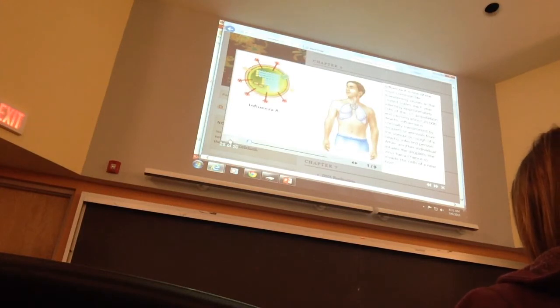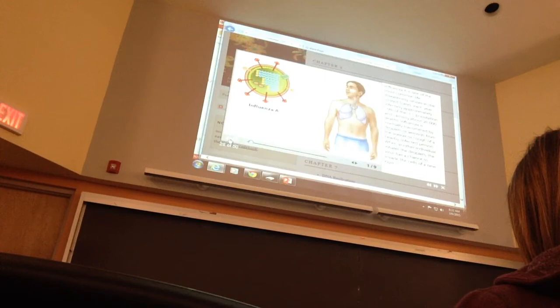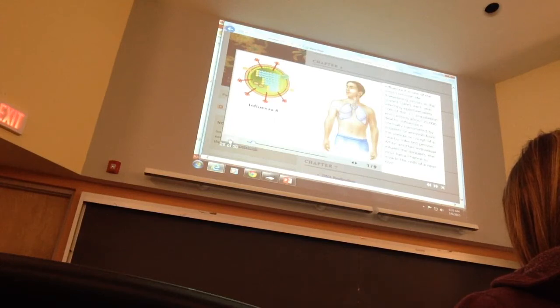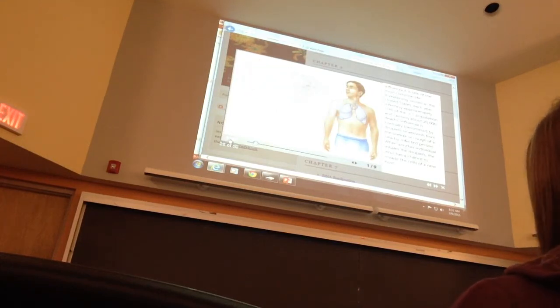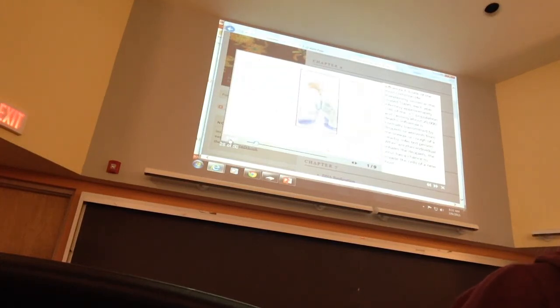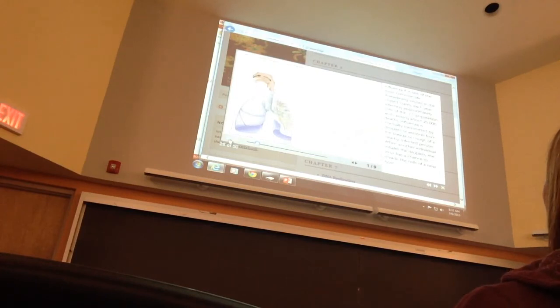Influenza A is one of the most common life-threatening viruses in the United States. Each year infecting approximately 10% of the U.S. population and causing about 20,000 deaths. Influenza is normally transmitted by droplets or aerosols from the sneeze or cough of a nearby infected person. When another individual inhales the droplets, the virus has a chance to invade the cells of a new host.